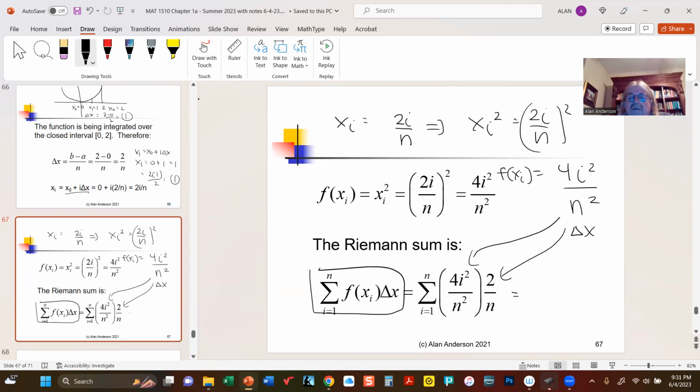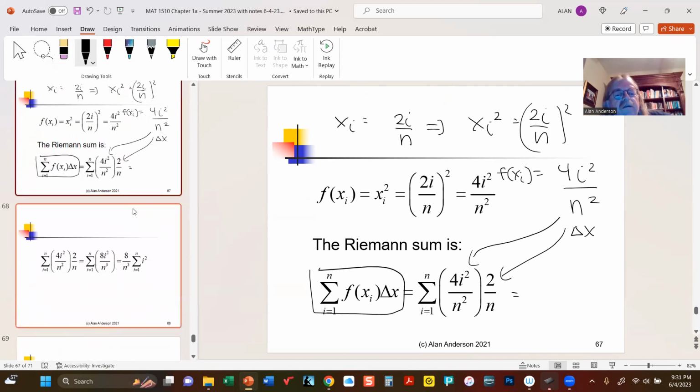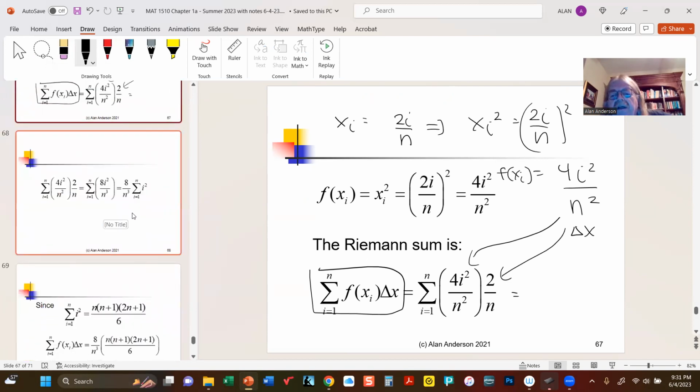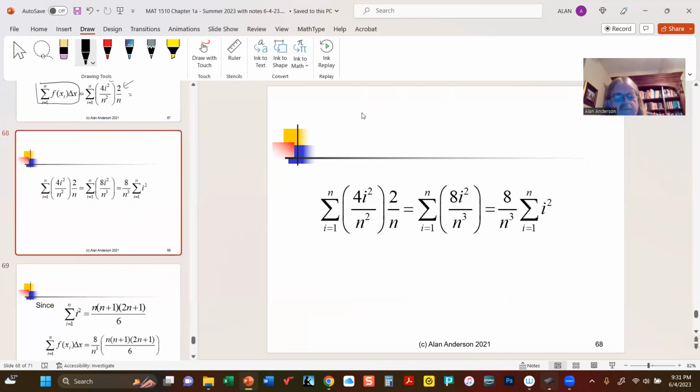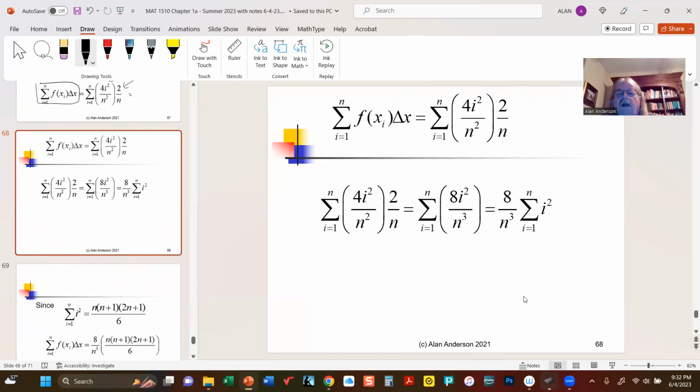Now we should be able to solve for this using the techniques we had earlier. Let's try that. So what they've done is multiply these out, 8i squared over n cubed. Now, n is a constant, remember that, so that means we can factor these out.